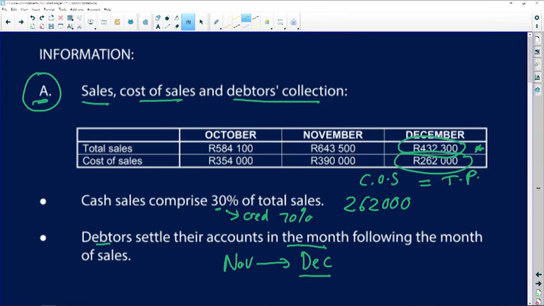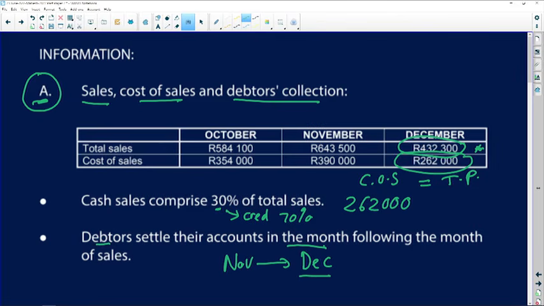Now, remember, the question is asking how much we are expected to receive from debtors for December. So we cannot use December's sale. This amount here is really not going to help me. I've got to look at the month of November.